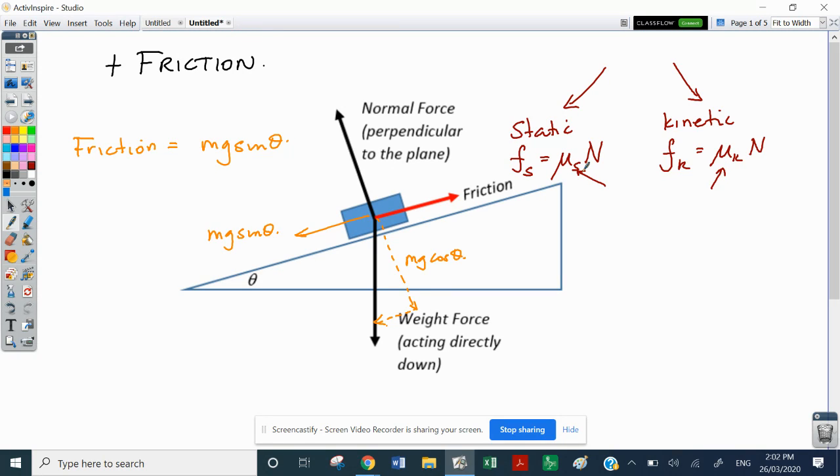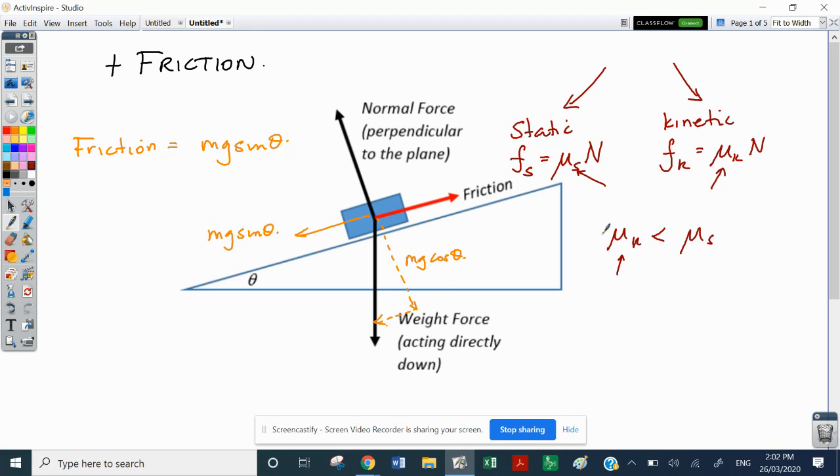That's the coefficient of kinetic friction, and this is a smaller value. So mu k is normally less than mu s because there is less interaction between two surfaces which are sliding over top of each other rather than two surfaces which are static to each other.